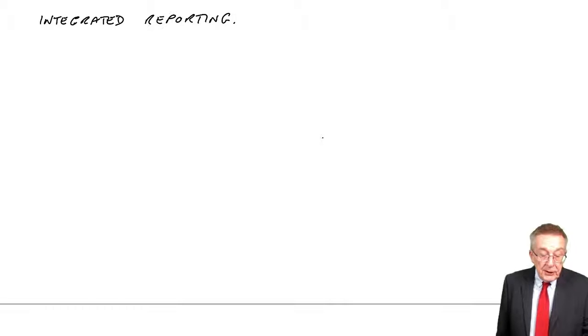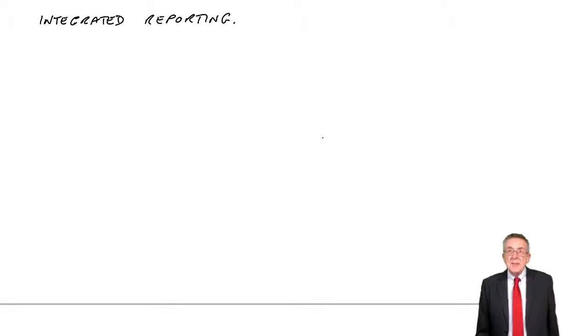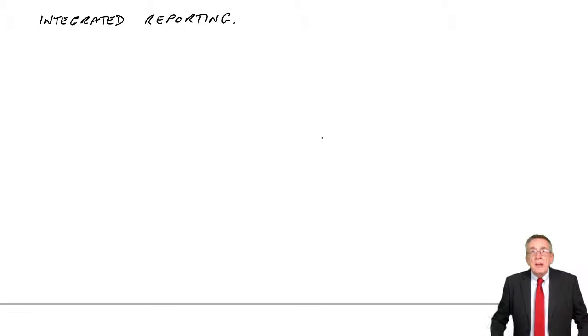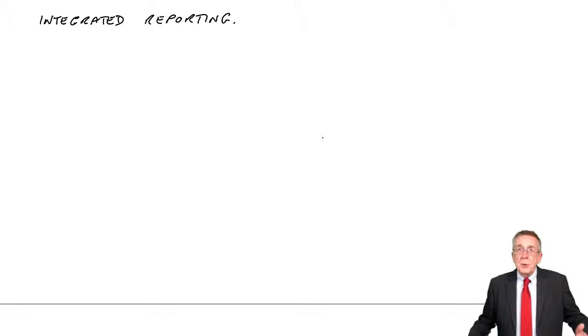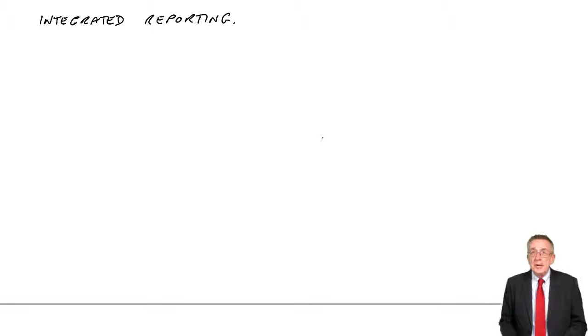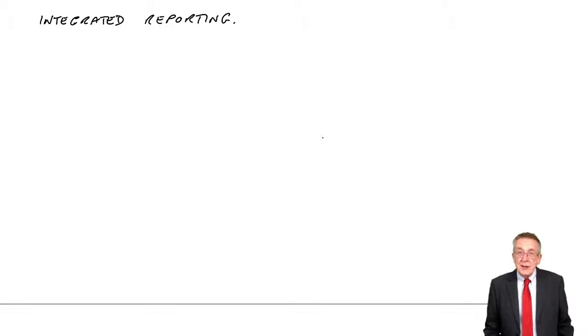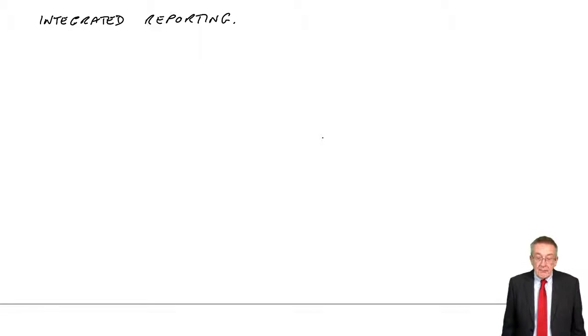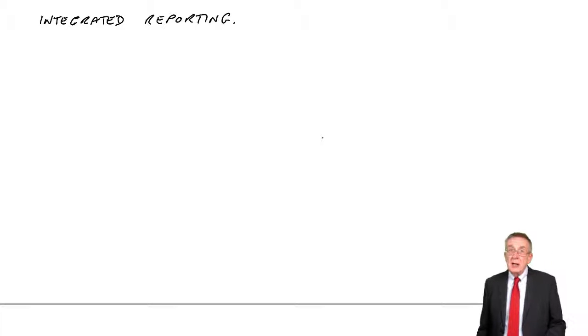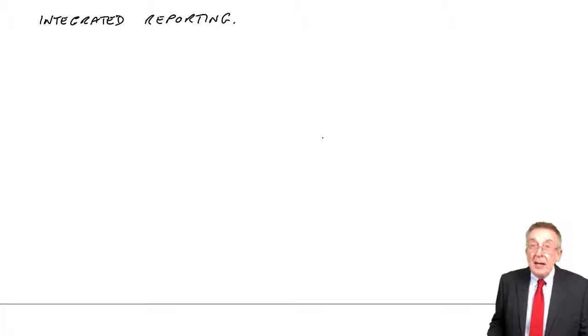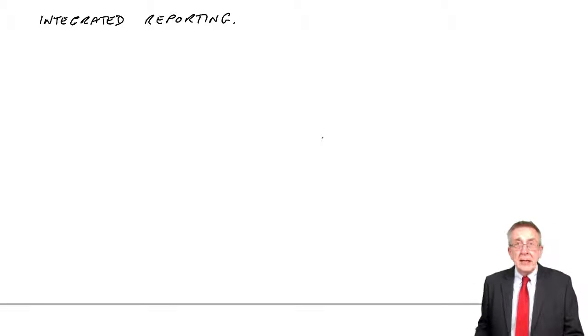If you turn the page, it says the capitals. How is the business going to improve its value, create value in the future? Well, the capitals are the resources that they're using. To be safe, do learn what these capitals are, the resources to help them do better in the future.